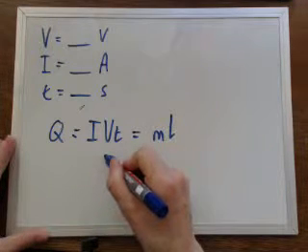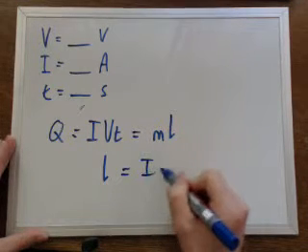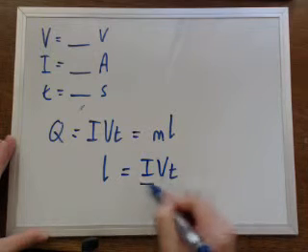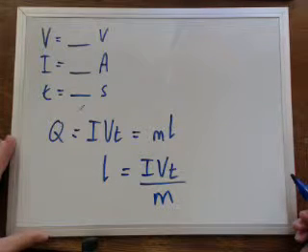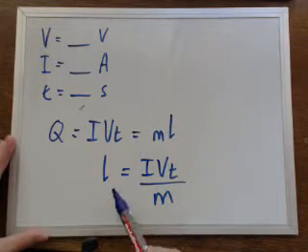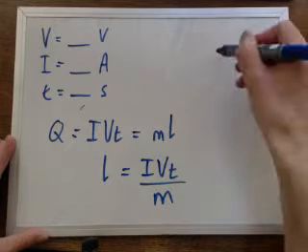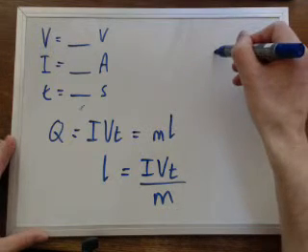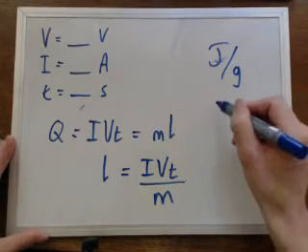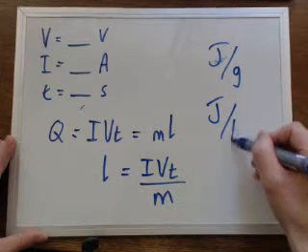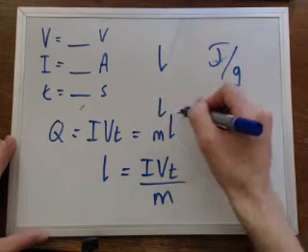So the specific latent heat of fusion of ice will be equal to current times voltage times time divided by the mass melted purely due to the heater. And we've got to make sure that if we're finding the specific latent heat of fusion of water in grams, it should be in joules per gram, and if we use kilograms it must be in joules per kilogram. Our final answer for latent heat of fusion.